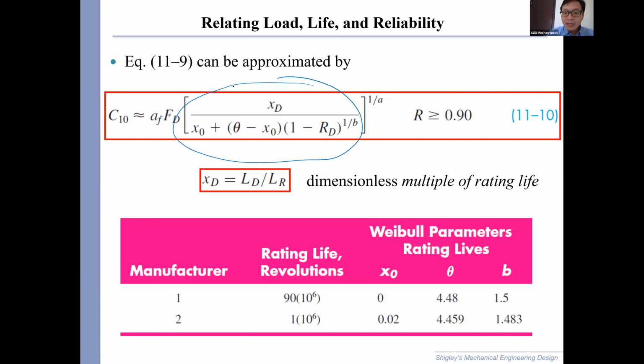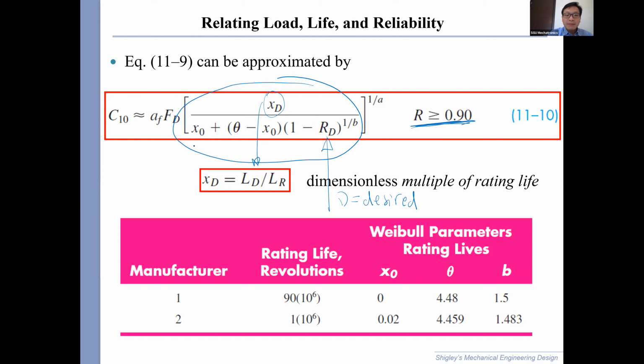Now, XD is nothing other than LD over LR. So when you say XD here, it's just LD over LR. RD is the reliability that you want. Remember, D stands for desired or design. If I want a reliability greater than 90%, then I have to use this formula instead of the previous formula.